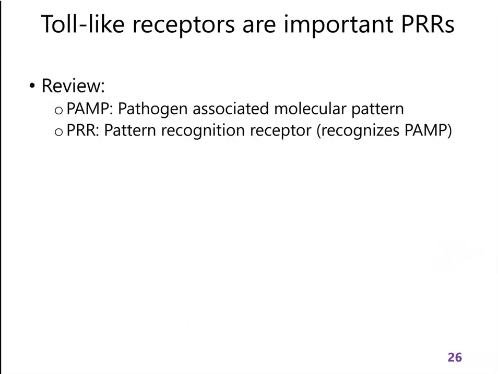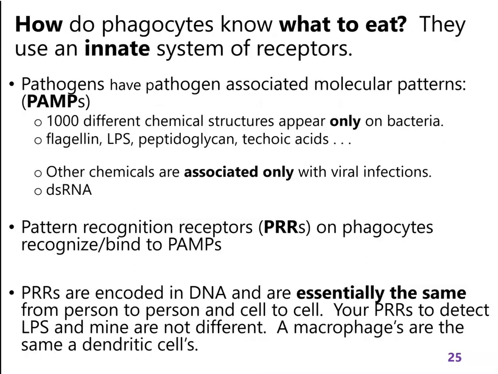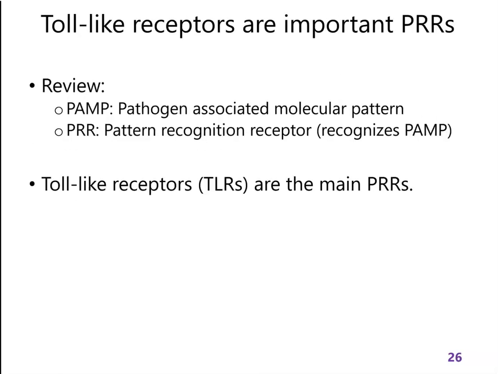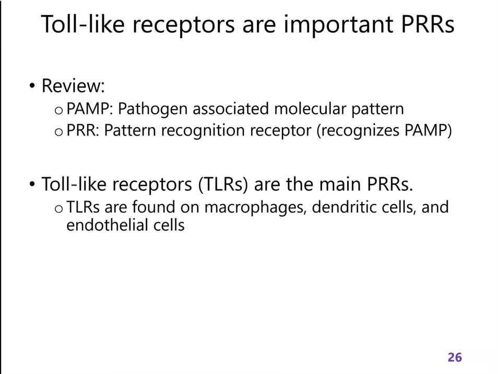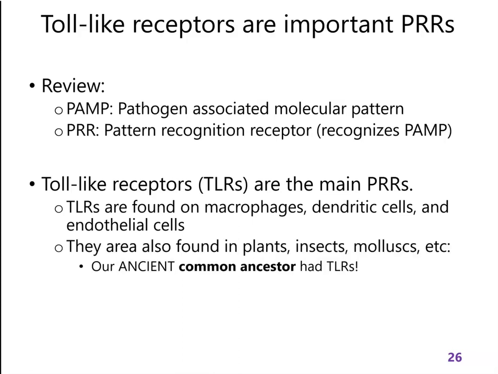So let's look at some examples of these. The toll-like receptors are an important group of pattern recognition receptors. They're important, and they're found on any cell that's going to do phagocytosis and have to identify pathogens. Lots of organisms have that.